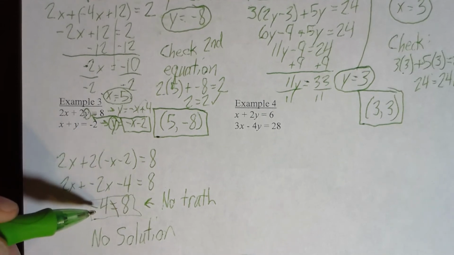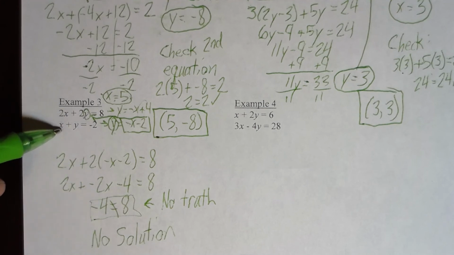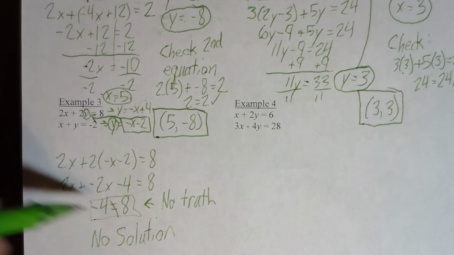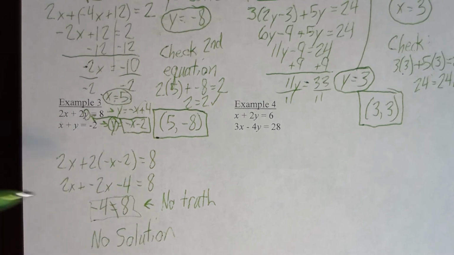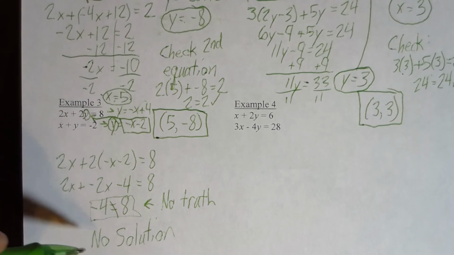There's no moment in time where we are going to have an x and a y that are going to be exactly the same. So if you get down here and your variables go away and it's a false statement, then you have no solution.